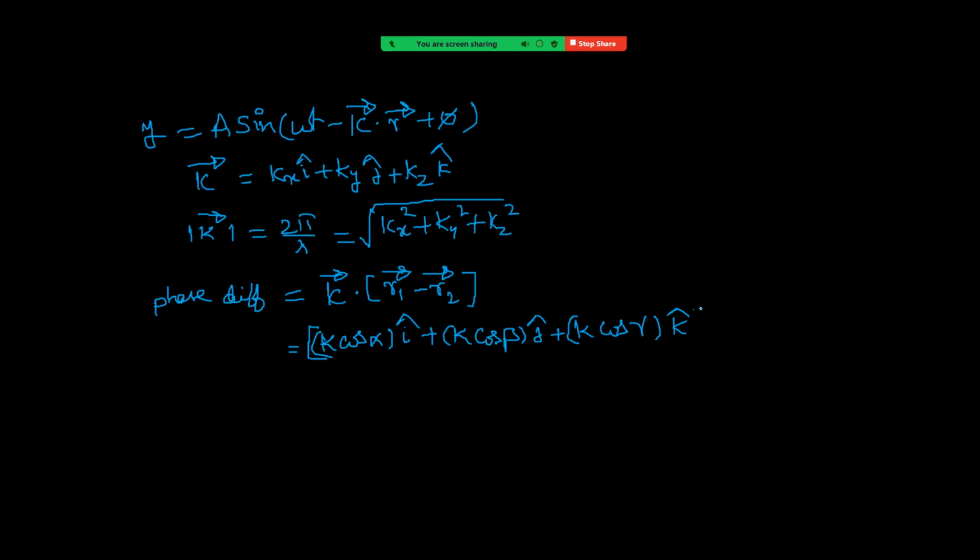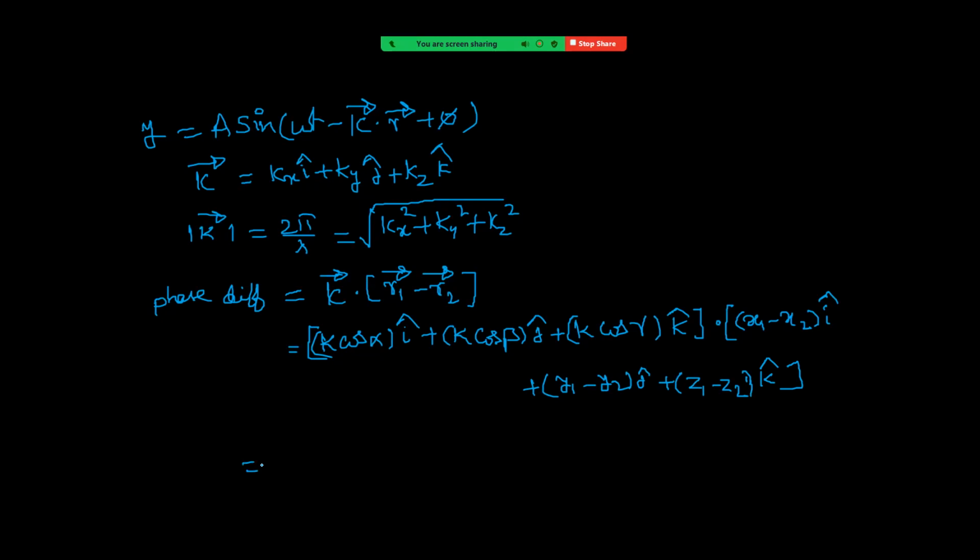Dot r1 bar minus r2 bar. This is taken as (x1 minus x2) i cap plus (y1 minus y2) j cap plus (z1 minus z2) k cap, right?